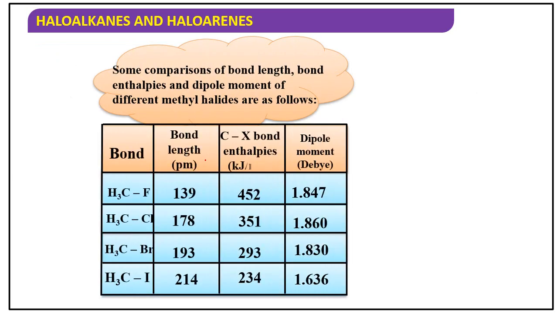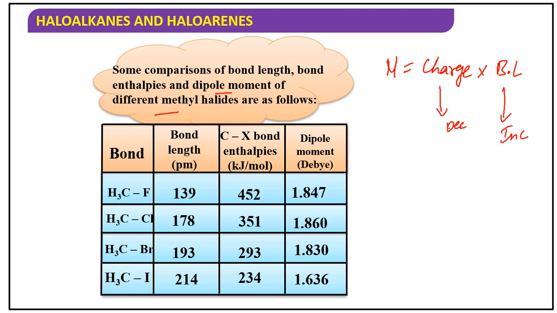Some comparisons: bond length, bond enthalpies, dipole moment difference. What is the dipole moment? Mu equals charge into bond length. Down the group, charge is decreasing and bond length is increasing.